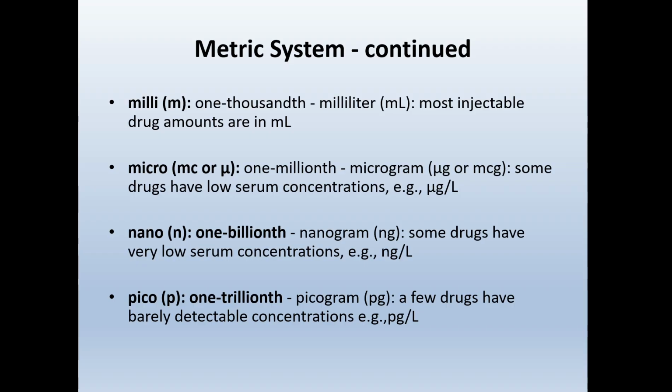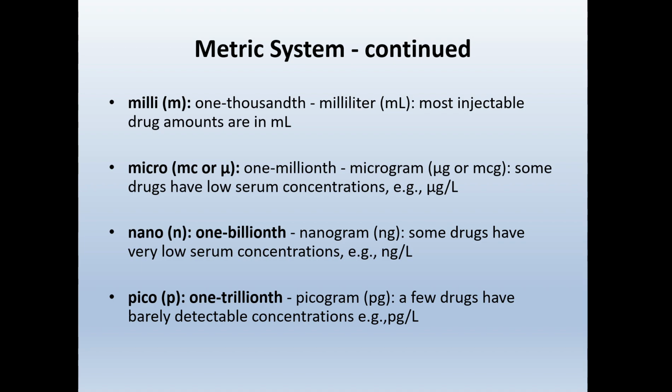The next one is micro. Micro is 1/1,000,000th. That is 1 part of 1,000,000, right? Now, drugs that are required in very low concentrations are measured in micro, 1 out of 1,000,000.